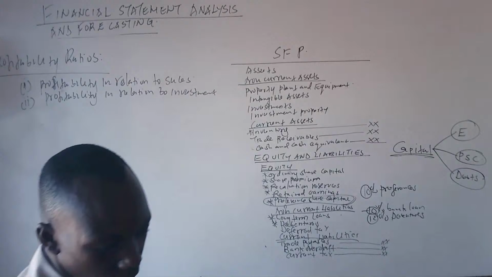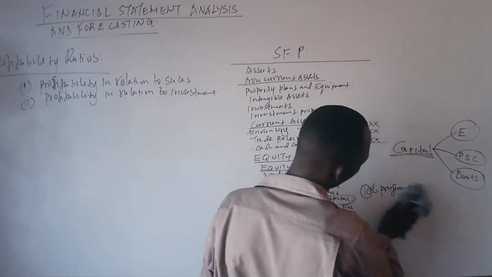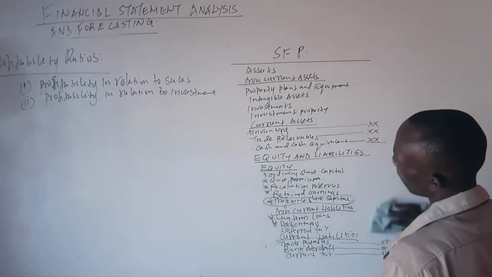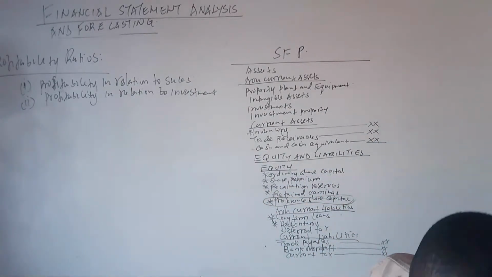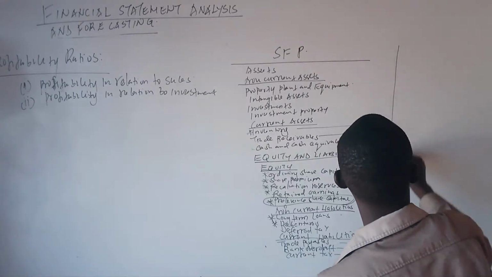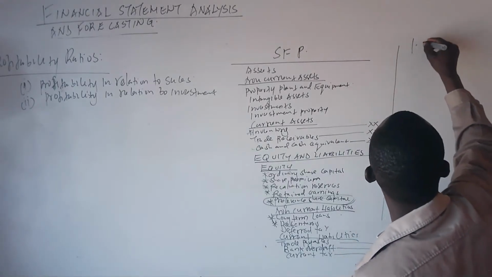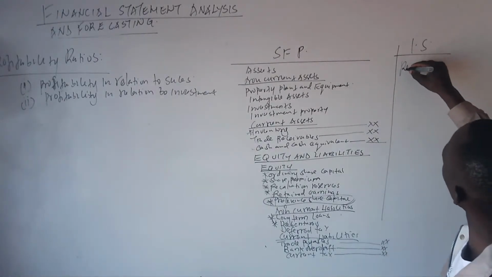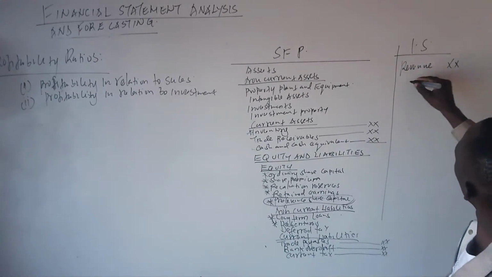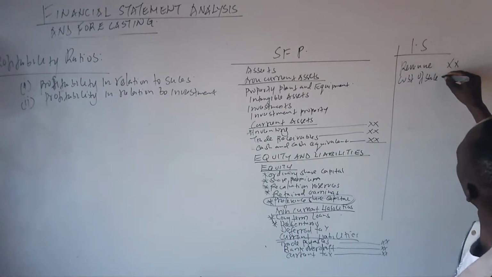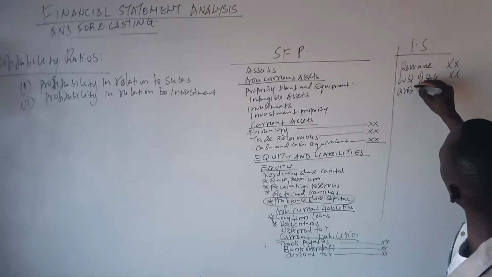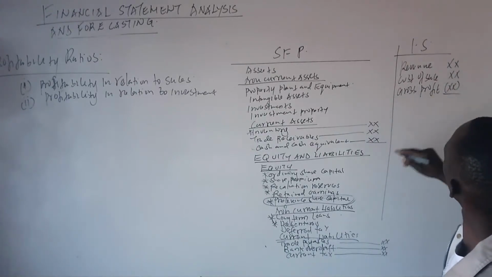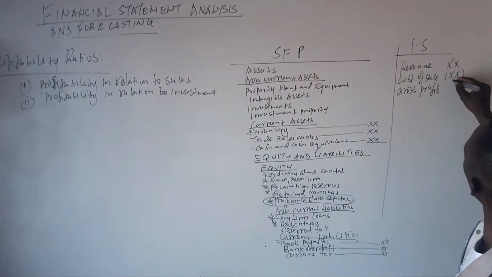For this profitability in relation to sales, I want to include the income statement. In our income statement, remember, we have the revenue, then the cost of sales, which gives us the gross profit.